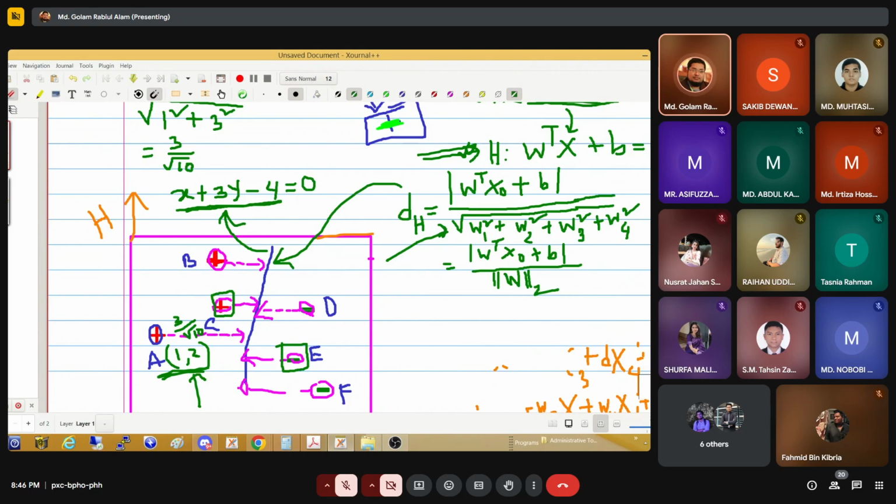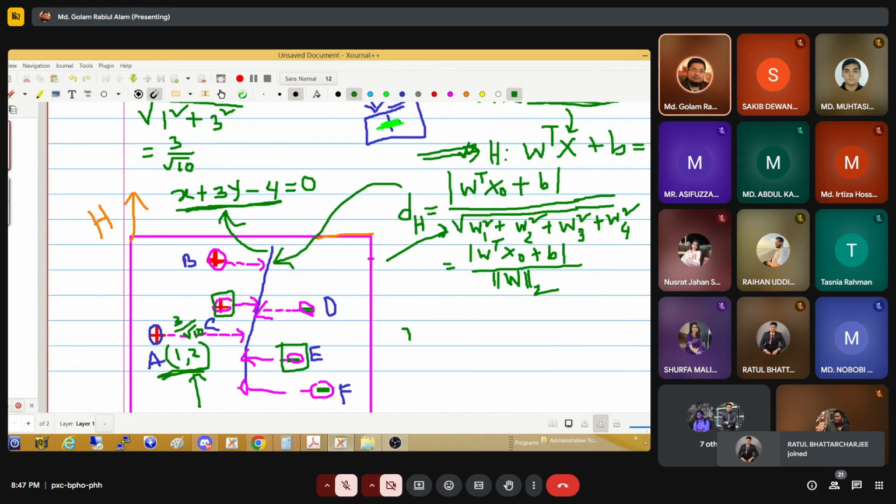For determining the support vectors, we have to find the data points that are closer to the hyperplane, the data points with minimum distance. The distance we have calculated from each and every data point.